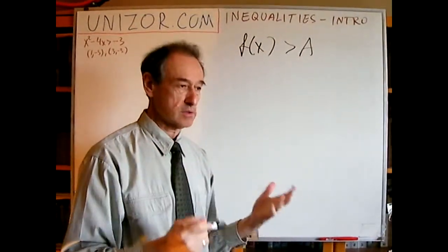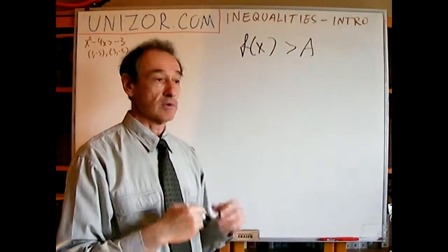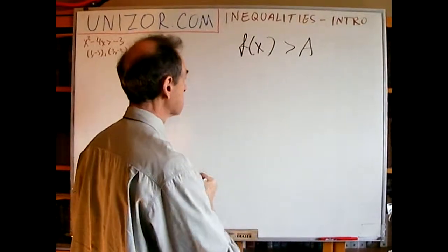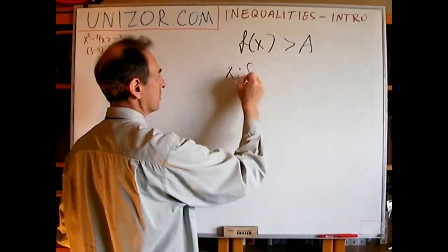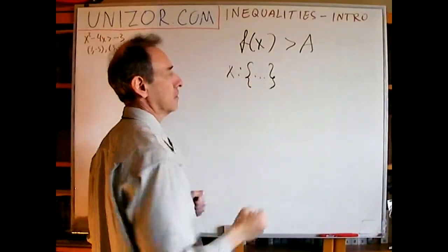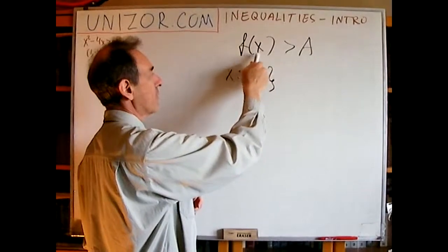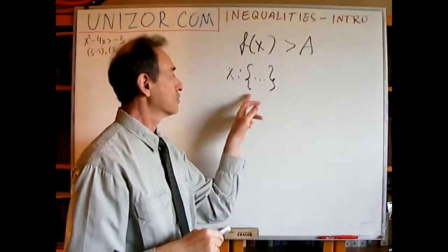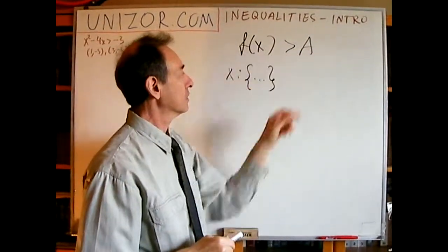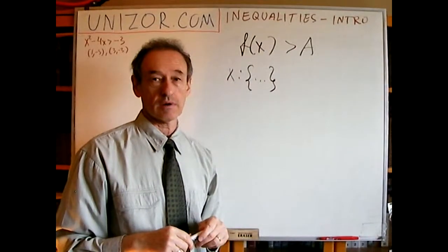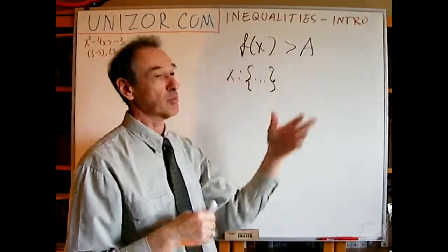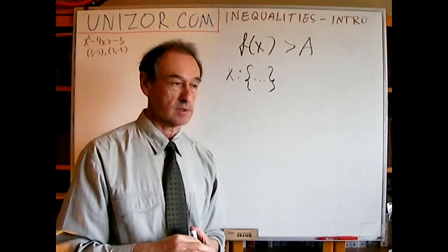That's the inequality. Now, the solution to this inequality is a set of all x which, if the function f is applied to them, will give an answer which is greater than a. And the greater is established in the codomain, and that's why we can say it.